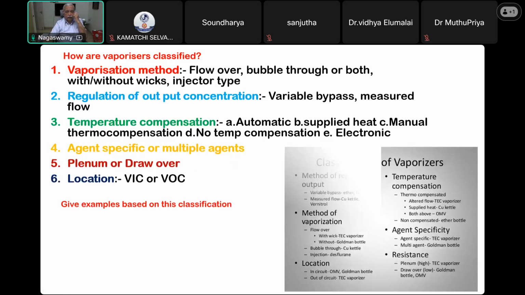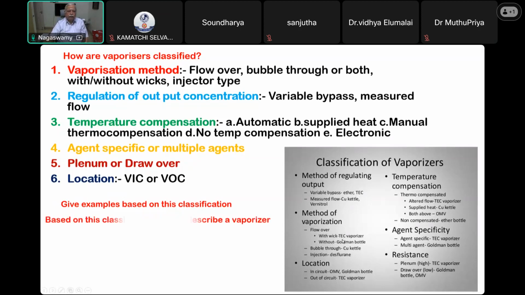Of course, you have all the examples for that. Variable ether, the common ether bottle, and Tec vaporizers are all methods of regulating: variable bypass, measured flow. So we have all the examples there.